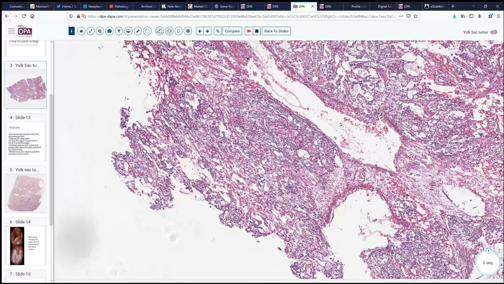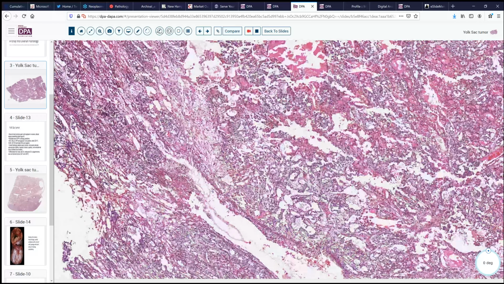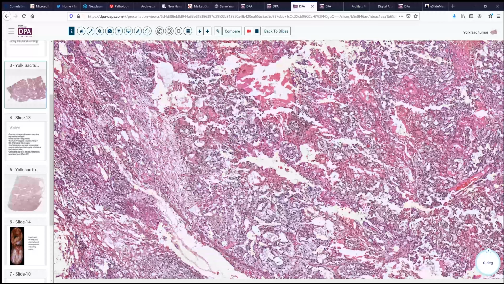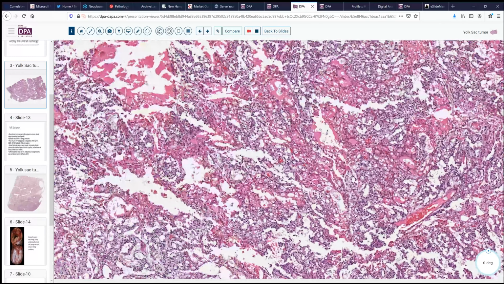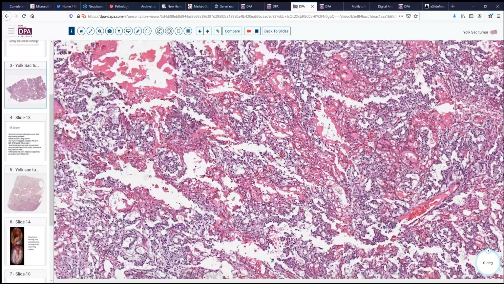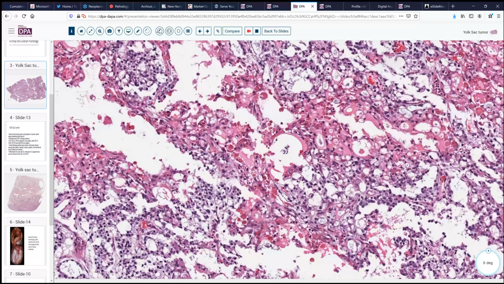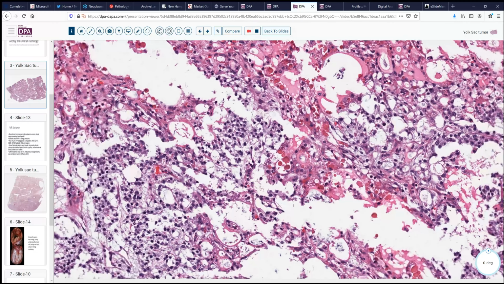It's always good to make sure that there's no other patterns available or hiding in the periphery, and we don't see other cell types in other areas of the tumor. So moving on to higher magnification, I think we can see that these cells are somewhat monomorphic.